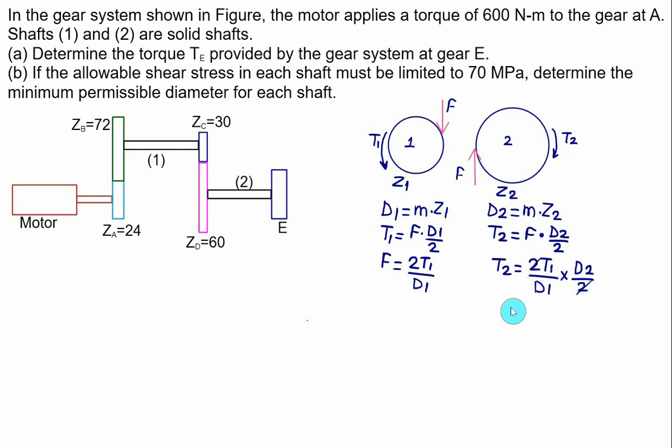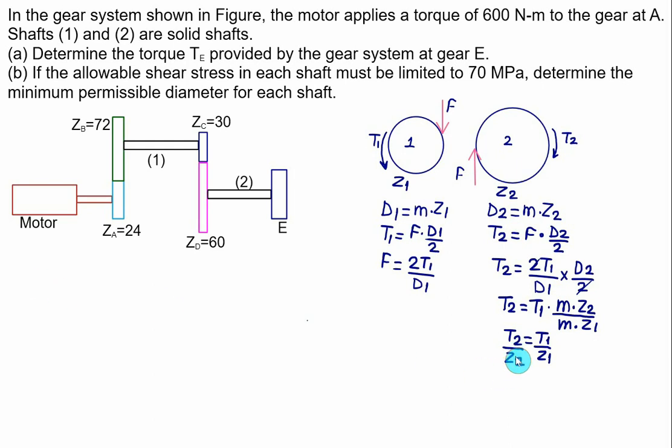Here 2 and 2 cancel out, and we get T2 equal to T1 times D2 divided by D1. D2 we can write as module multiplied by number of teeth Z2, and D1 as module multiplied by Z1. That is, T2 divided by Z2 is equal to T1 divided by Z1. So this is the relationship between the torque and the number of teeth.